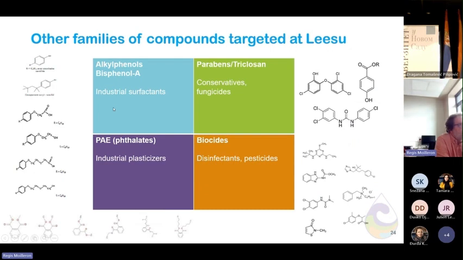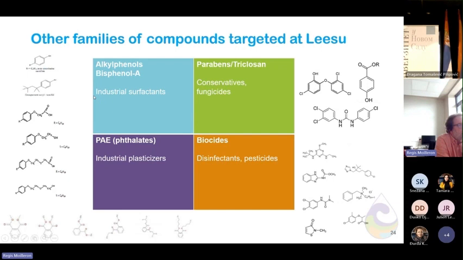In our lab at LESU, we also analyze a lot of molecules from various sources, mostly from industrial sources. It's been almost 20 years that we analyze all these families of compounds.